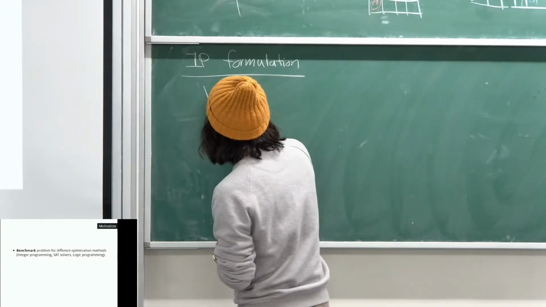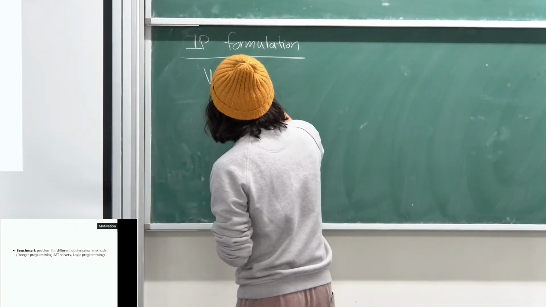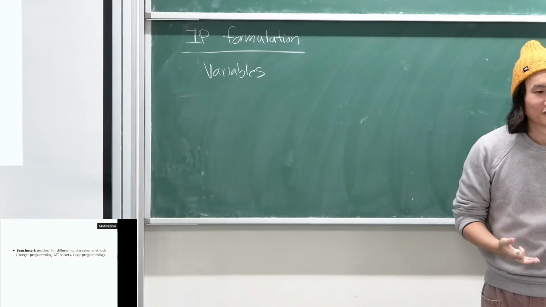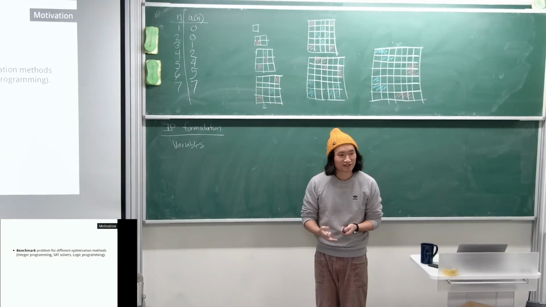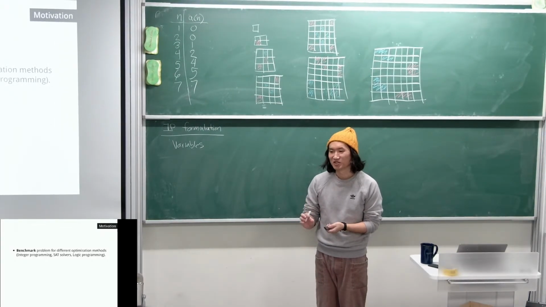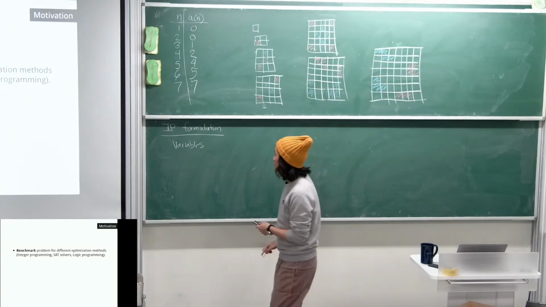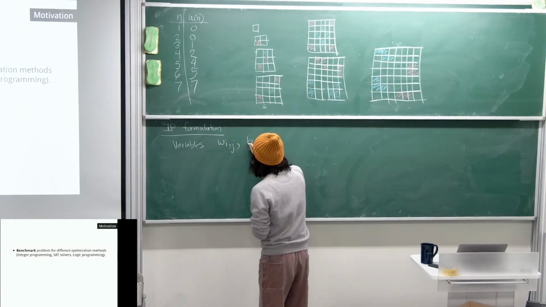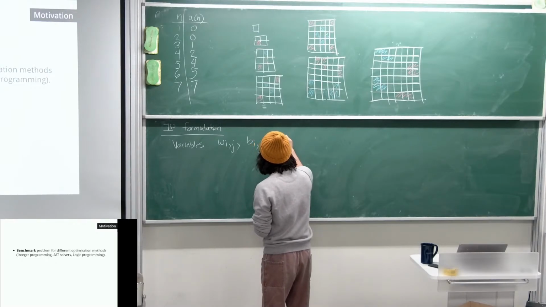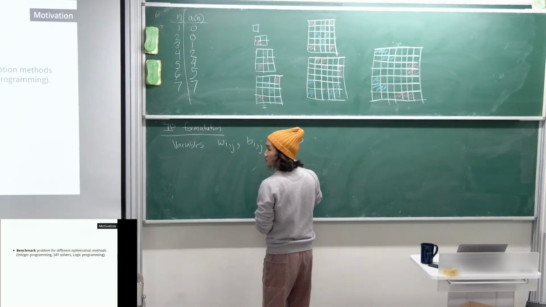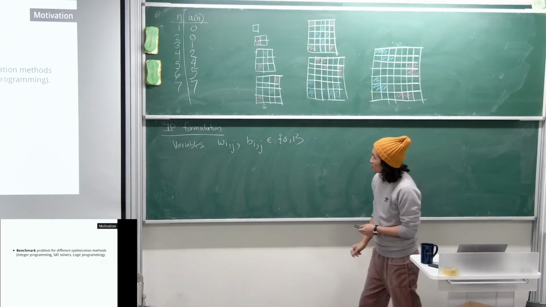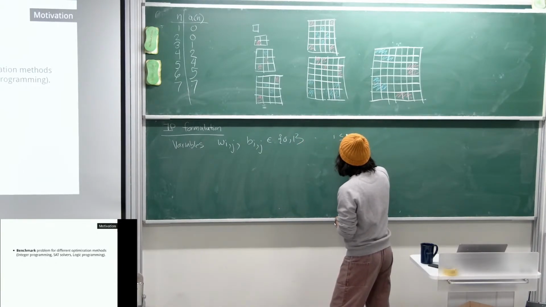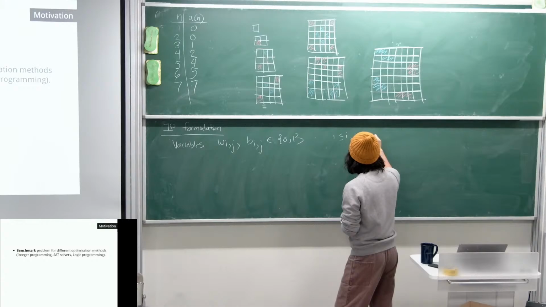So your variables: you'll have some decision variables that tell you whether you'll place a white queen on a specific square. So you have variables w_ij and b_ij, and they're 0 or 1. And I and j go from 1 to n.